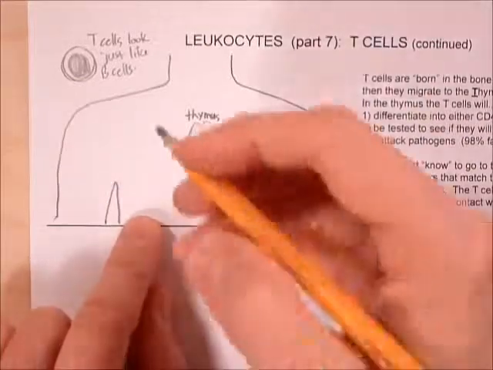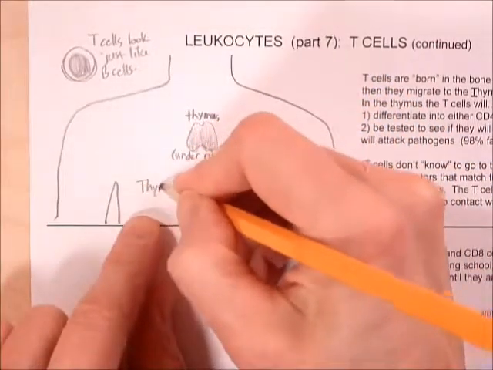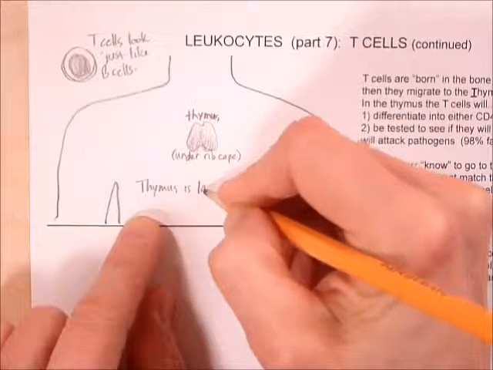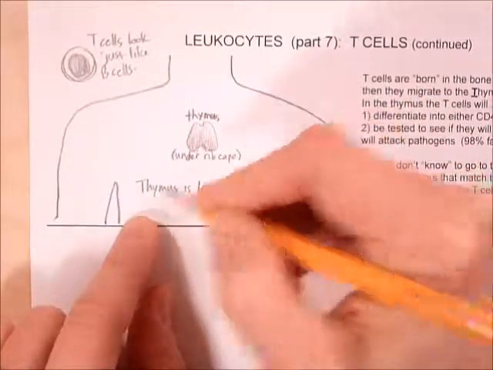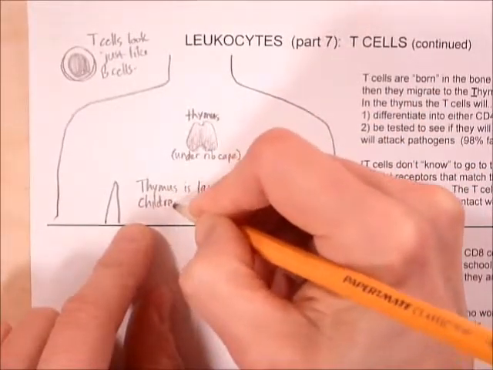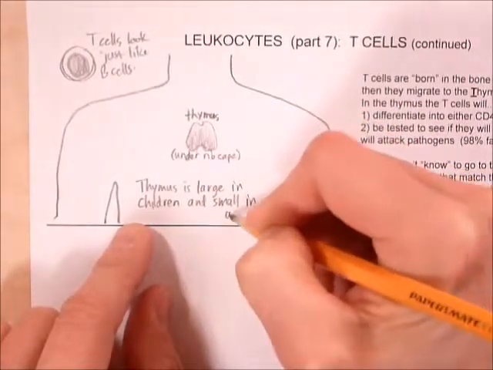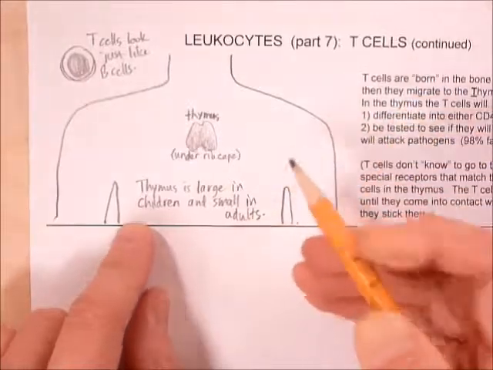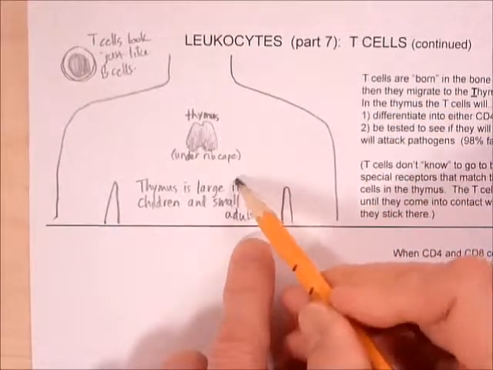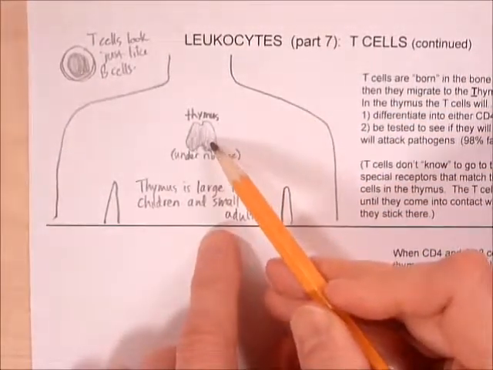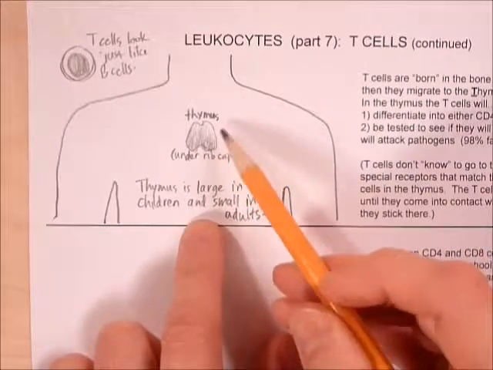Now, another note here, let's put the thymus is large in children and small in adults. This is a very important point. If you go looking for the thymus in an adult, you're going to have a hard time finding it. In children, it's very large.